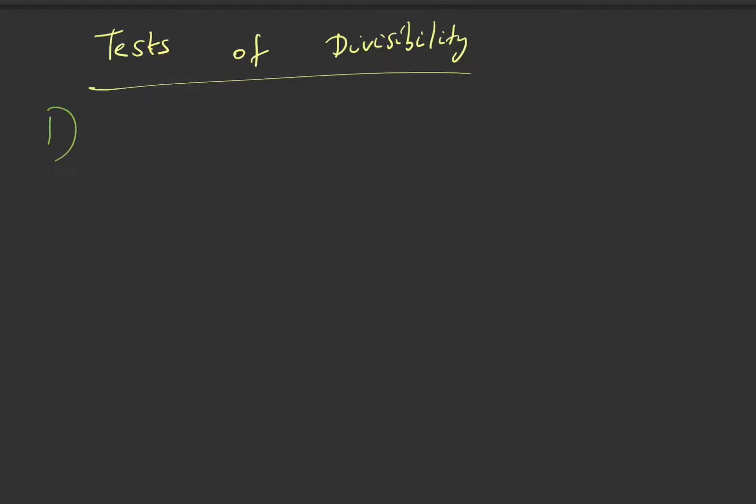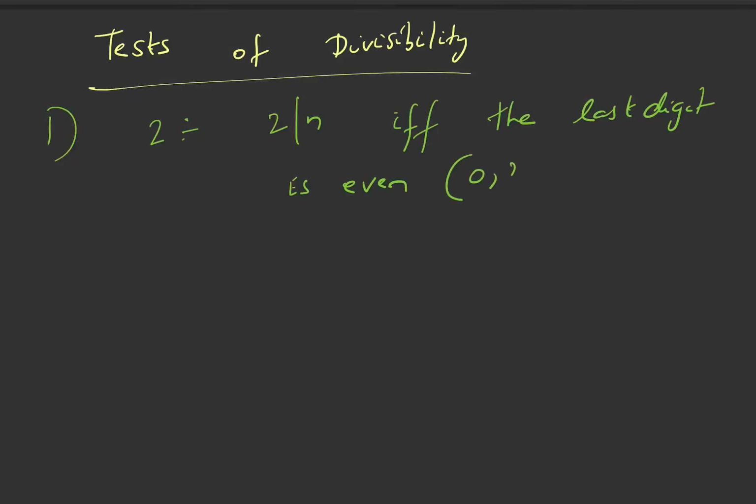So first is for 2. 2 divides n if and only if the last digit is even. Even digit means it should be either 0, 2, 4, 6 or 8. Last digit means nothing but the units digit.